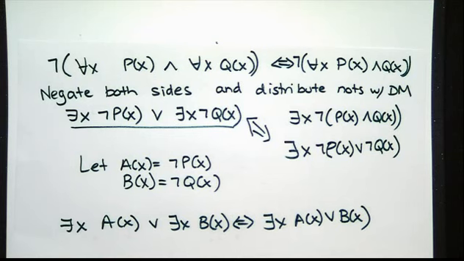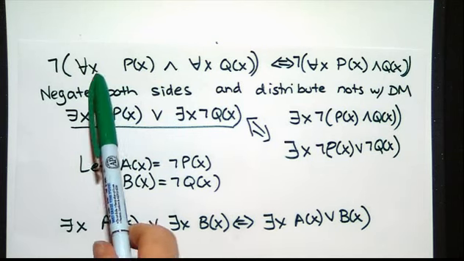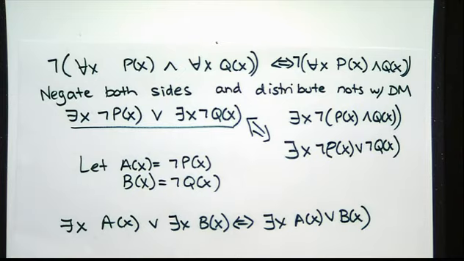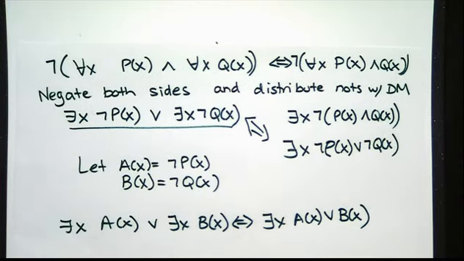So I've just proven, using the fact that for all x p of x and for all x q of x gives me for all x p of x and q of x, that I can use that to derive this there exists with ors. Remember that this is the proof that we started out class with: there exists x p of x or there exists x q of x is logically equivalent to there exists x p of x or q of x. It's the same because a's and b's and p's and q's, we don't care what they are. So that's another way to do these without actually having to do the truth table.